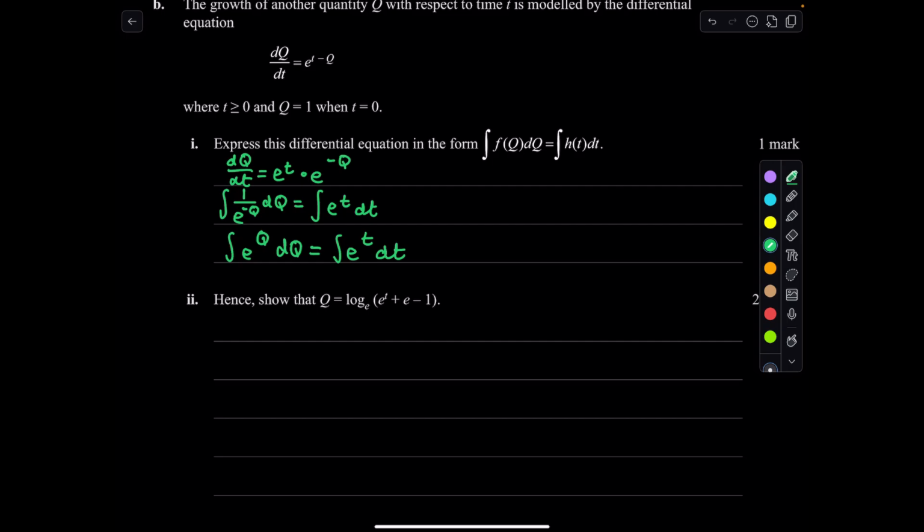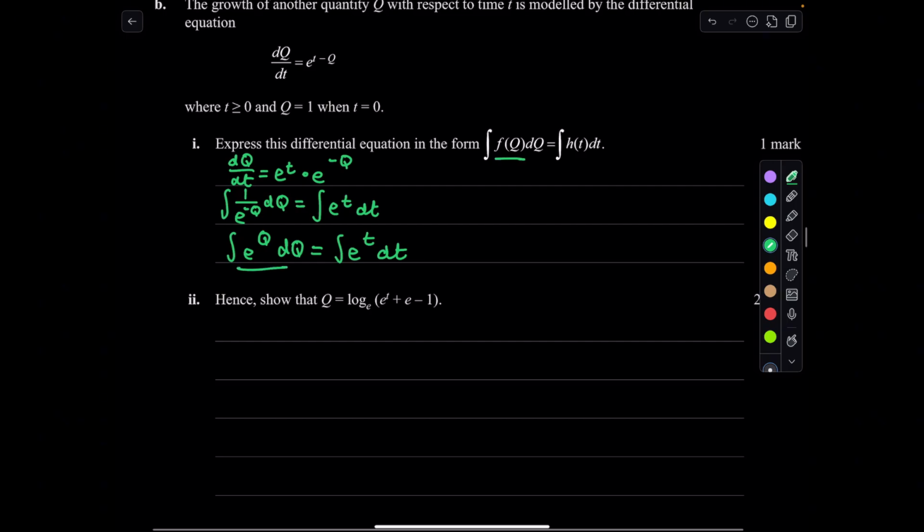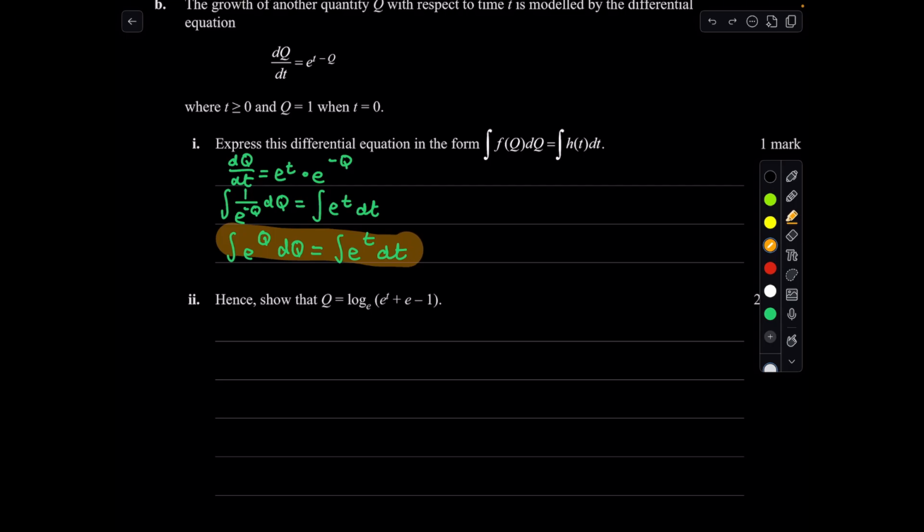Can you see how these are functions? You've got f of q in terms of q, and we've got h of t in terms of t. Done. This is how you would simplify that. That's really typical. That's really easy, this one. This was a really nice one. So, yeah. Let me just move that.